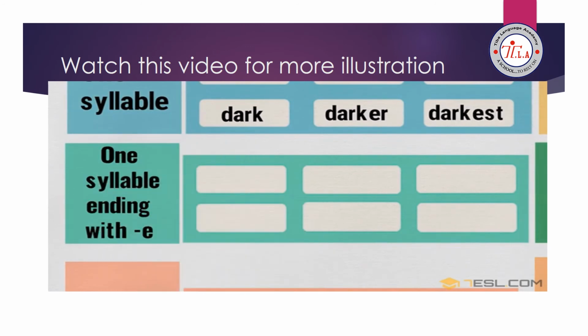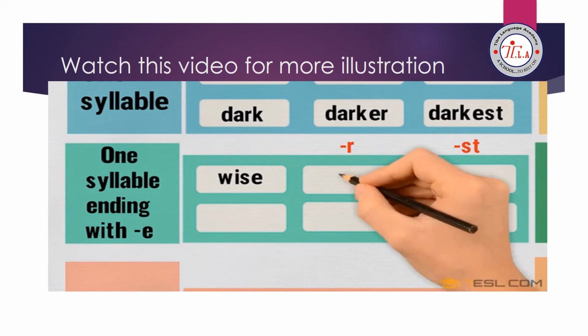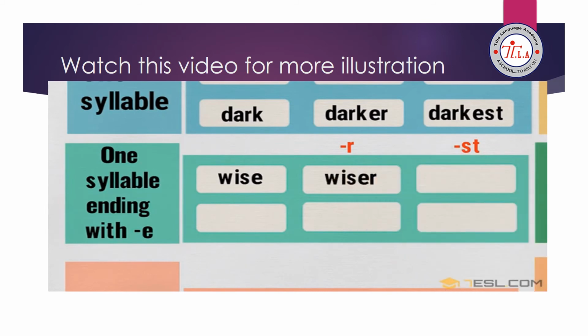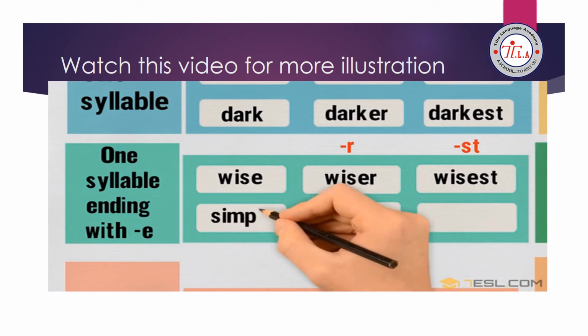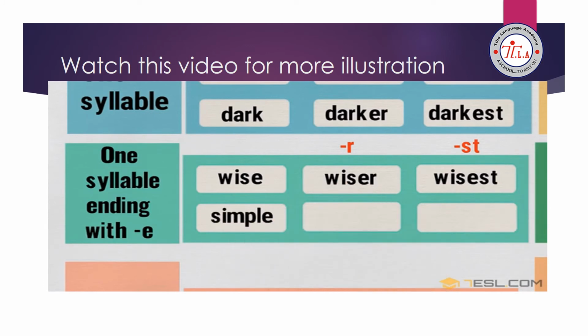One syllable ending with E: wise, wiser, wisest; simple, simpler, simplest.